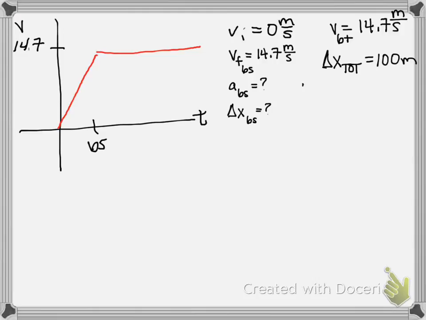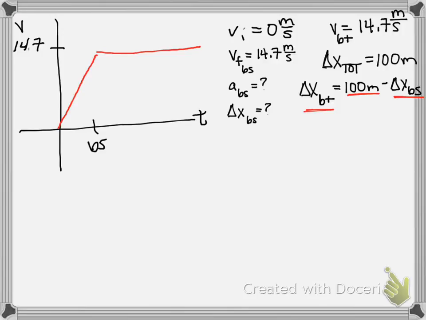And that means that the total displacement covered in the 6 plus seconds is the 100 meters of the race minus the delta x of the 6 seconds. So the distance she has to cover after the first 6 seconds is equal to the total distance minus the distance she's already covered in the first 6 seconds.